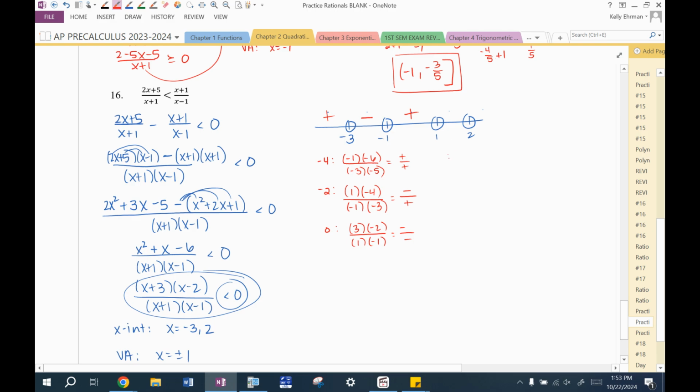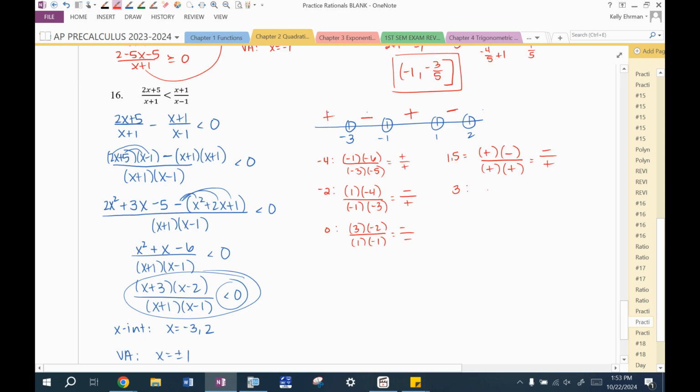What's between 1 and 2? 1.5. 1.5 plus 3 is positive 4.5. 1.5 minus 2 is negative. 1.5 plus 1 is positive. 1.5 minus 1 is also positive. Negative over positive, negative overall.